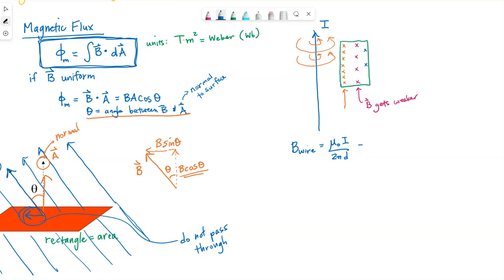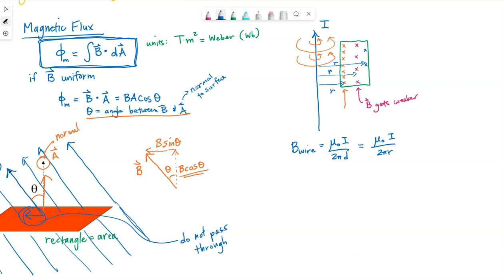Now I'm going to write it as a function of r instead, meaning the strength of the field depends upon how far in this radial direction we are from the wire. And so the magnetic field is strongest on the left side of this rectangle compared to the right side.